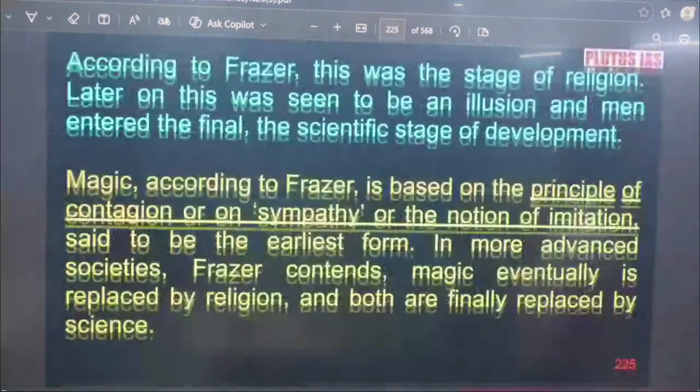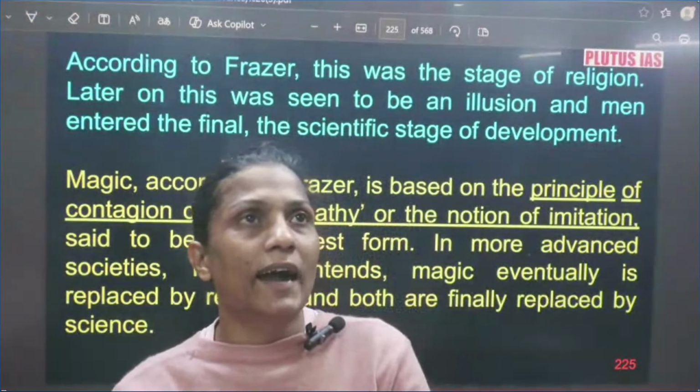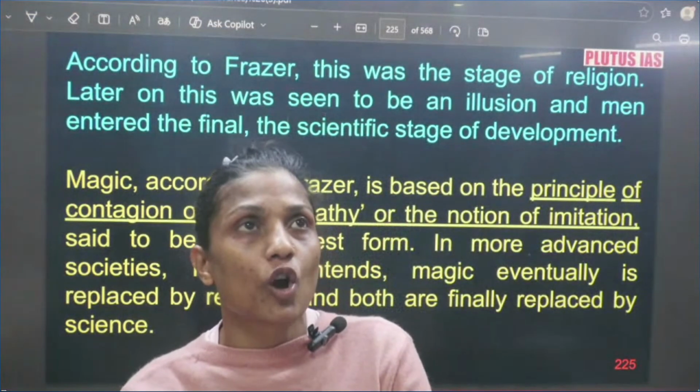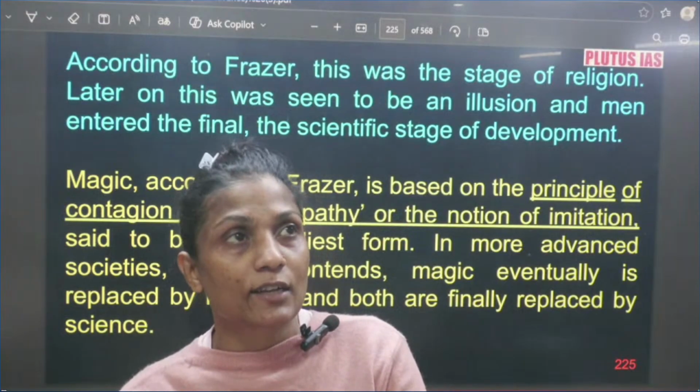Okay. So when I explain religion, I would explain it in depth. But I stopped and made this point so that you people can see this is what UPSC is actually doing.